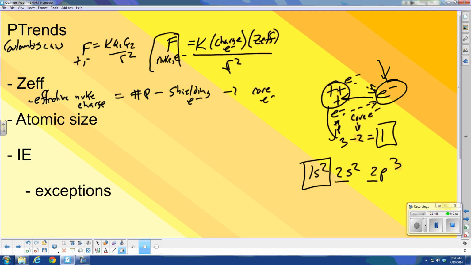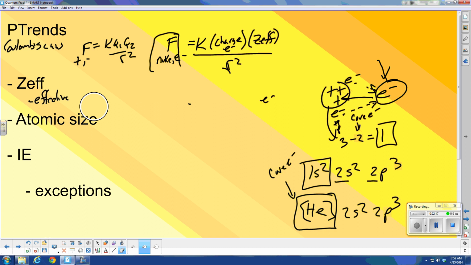Or another way to know your core is when you write the noble gas method: helium, 2s2, 2p3. Here is my core. These are my core electrons. Good. So that's the definition of Z effective.